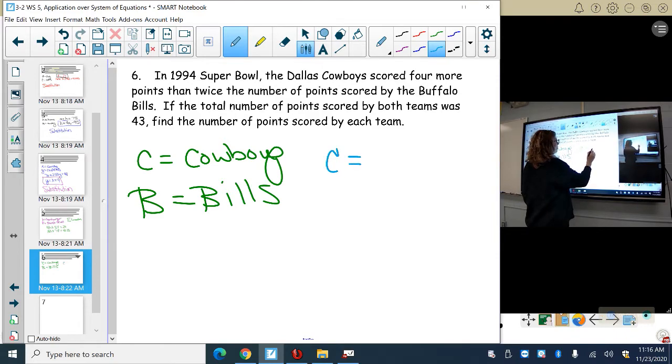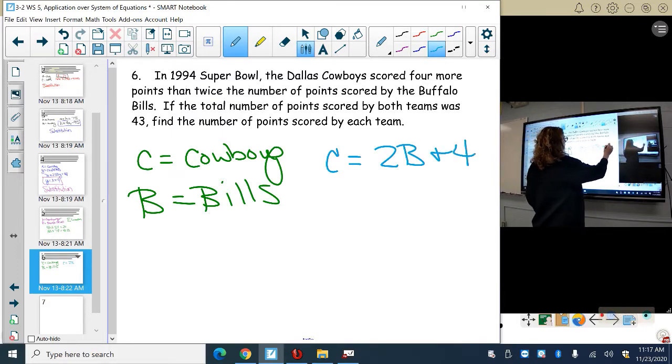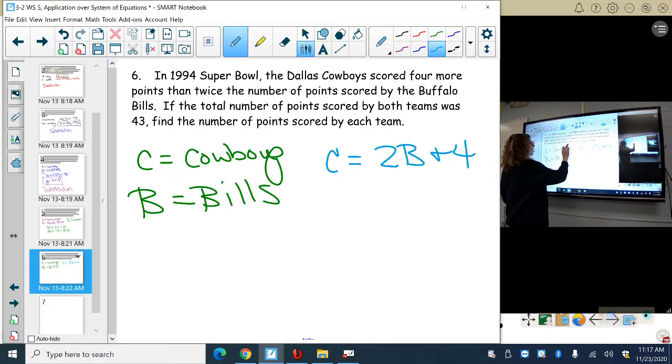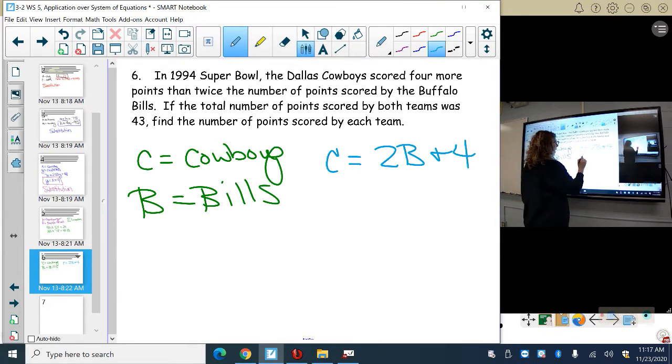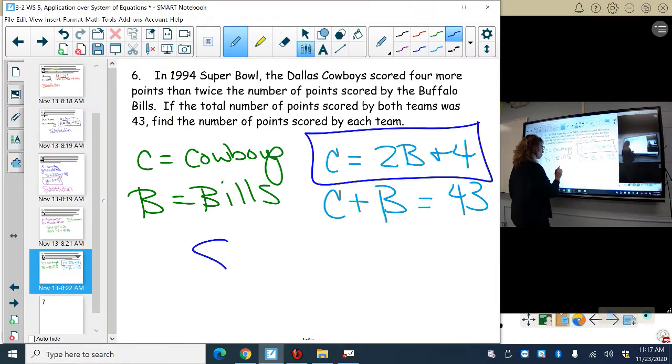So C is equal to twice the number of points by the Buffalo Bills and then 4 more. And if the total number of points scored by both teams was 43, so I'm going to have all of the Cowboys plus all of the Bills, and that has to equal 43. You are going to set this up to solve by doing substitution.